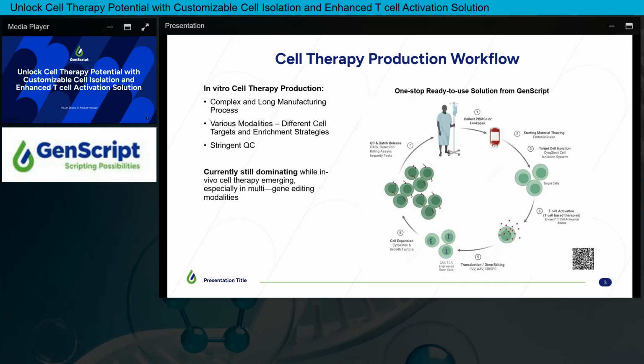If you're interested, please feel free to scan the QR code and learn more on our website. For today, we'll focus mainly on the cell isolation and activation capabilities.